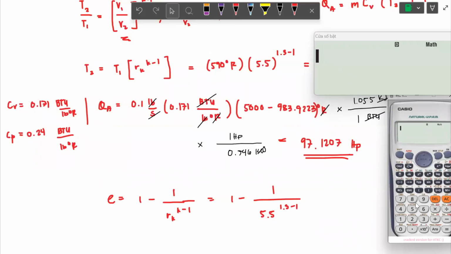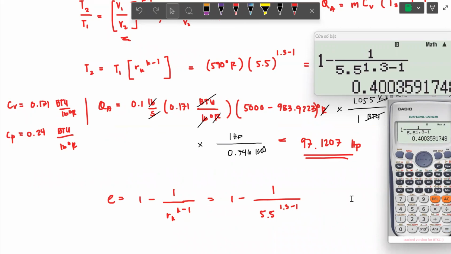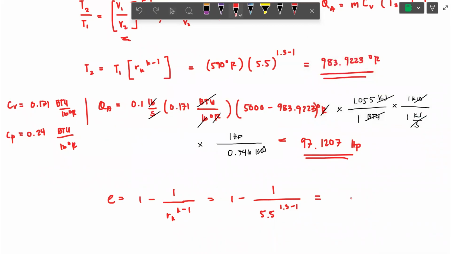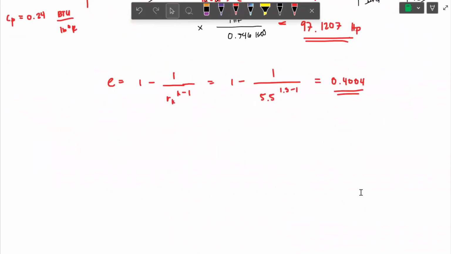Okay, so the value is 1 minus 1 divided by 5.5 raised to 1.3 minus 1. So, ang efficiency niya dyan is, kunin mo lang yung 5 decimal number niya. So, 0.4004. Pwede na to. Yun ang efficiency niya.